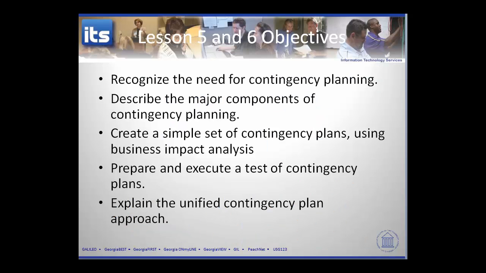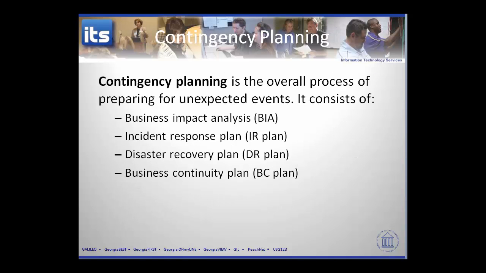Okay, lesson objectives. We'll talk about why contingency planning is important, some major components, and then we'll really start getting into some basic types of contingency plans, escalating from incident response up to business continuity as we go through these. So let's start with some definitions.